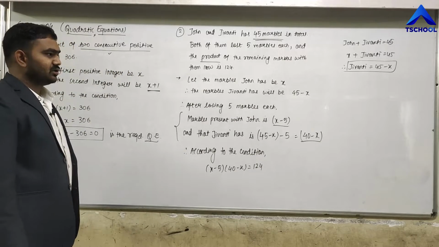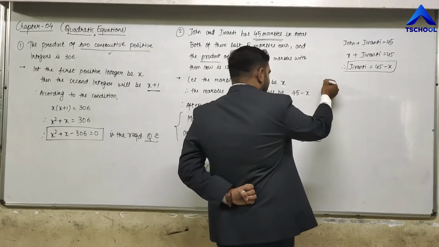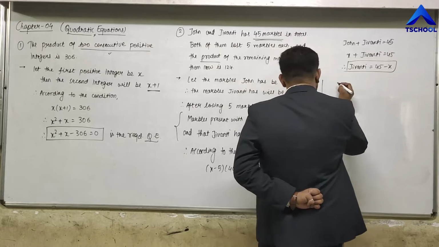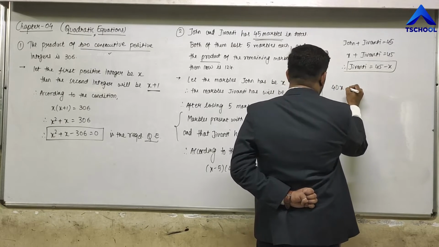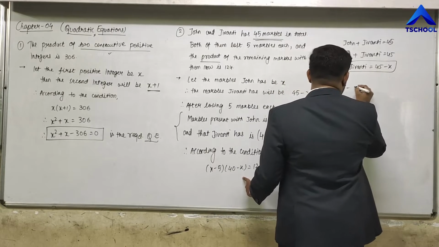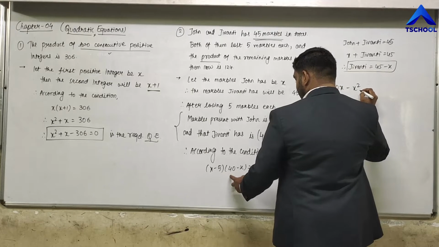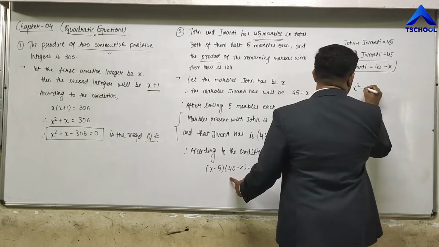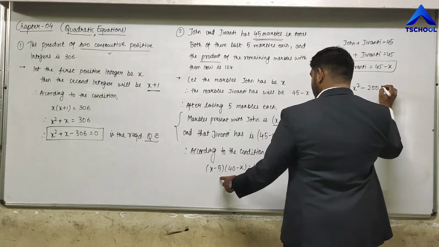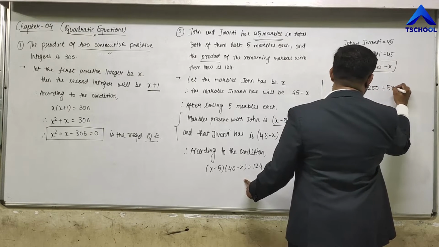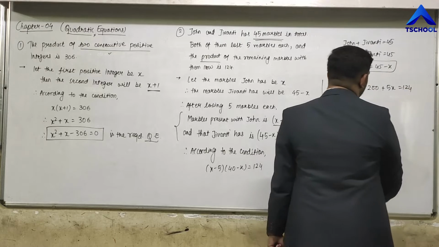Let us simplify it. That is 40x minus x square minus 200 plus 5x is equal to 124.